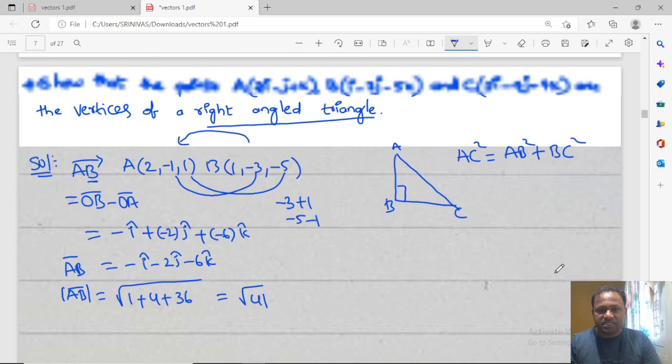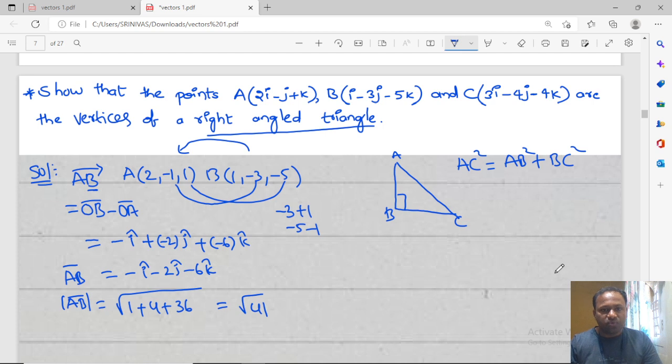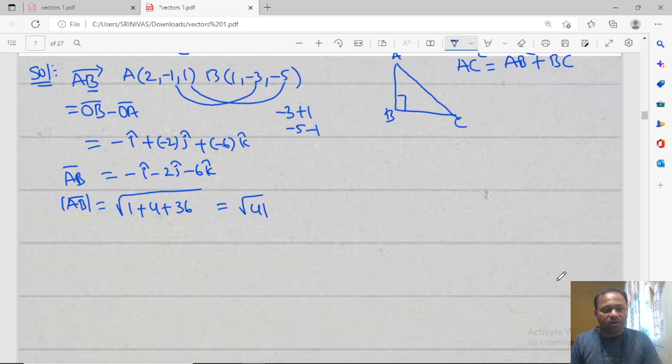Okay, let me see the question at once. 2 minus 1, 1; 1 minus 3 minus 5. So 1 minus 2 minus 1, minus 3 plus 1 minus 2, and minus 5 minus 1 minus 6. Okay. After that, I will move on to one more condition, BC.